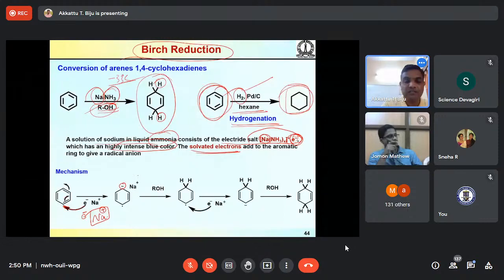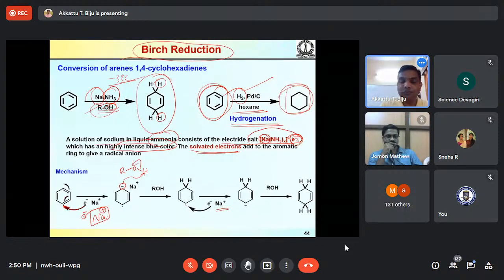So this negative charge can easily capture a proton from the alcohol solvent, converting this into a radical species. And this radical can accept one more electron from a second molecule of sodium.